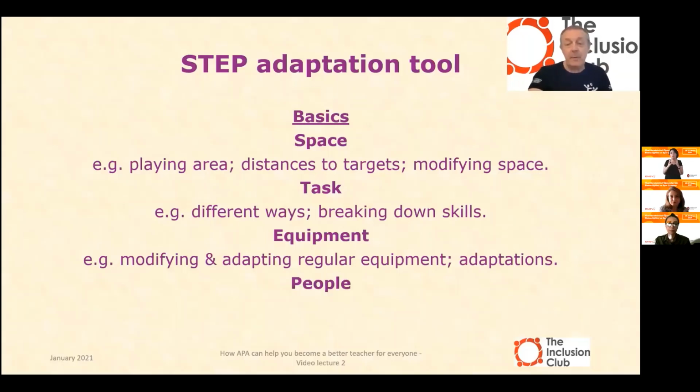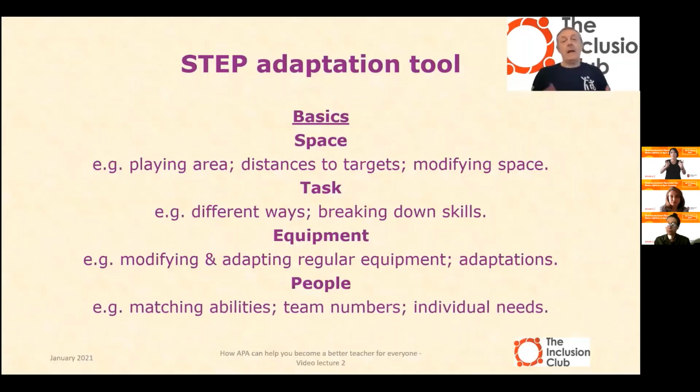And P for people. We might look at ways of matching abilities so that people participate together with people whose function and ability is similar to theirs. We might manipulate team numbers in a team sport in order to balance an activity.